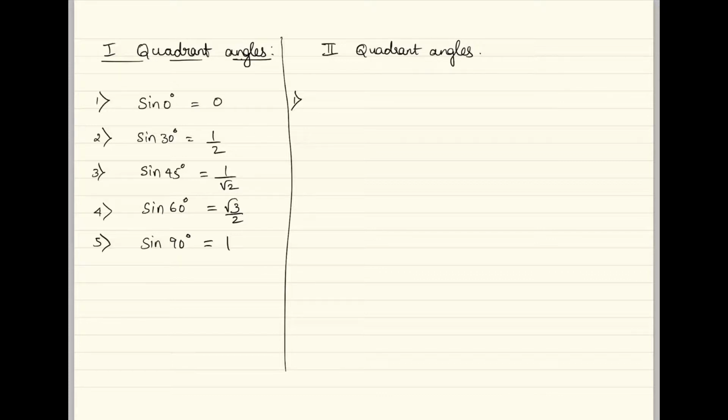For example, sine 120 degree. How do you find it? Always try to write these numbers in terms of the standard angles: 0, 30, 45, 60 and 90. So 120 you can write as 90 degree plus 30 degree, right?